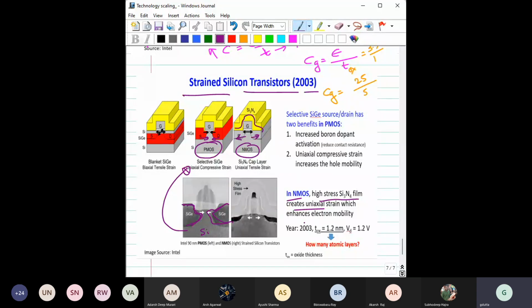And you can see that in 2003 itself the oxide thickness was 1.2 nanometer. 1.2 nanometer. So how many atoms in 1.2? You can count, right? Only a few. So the channel is separated from the gate by only a few atoms of silicon dioxide. Silicon dioxide cannot be an atom, right?